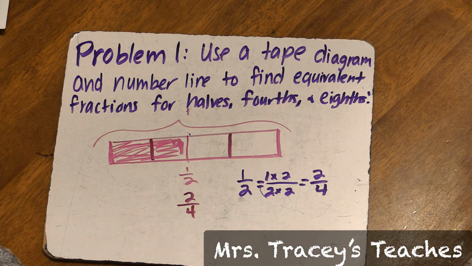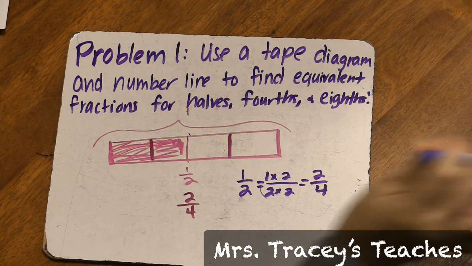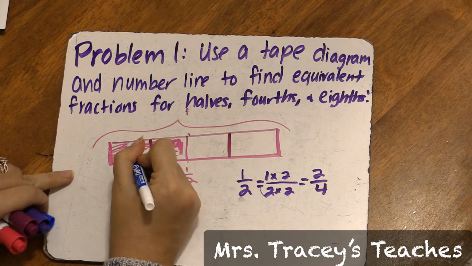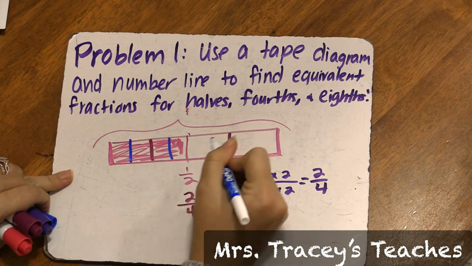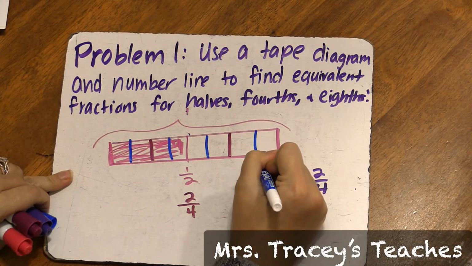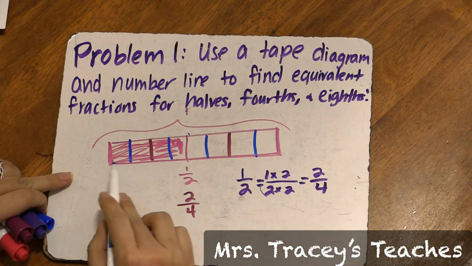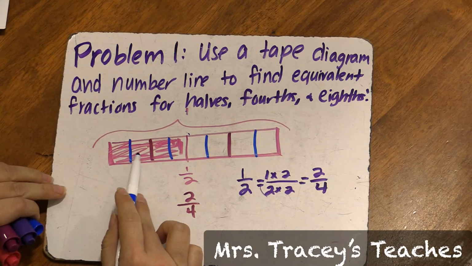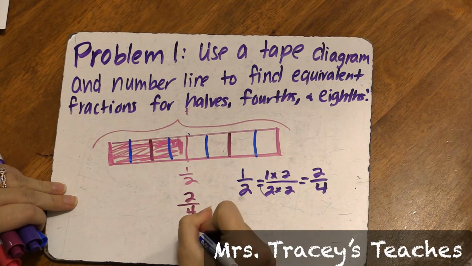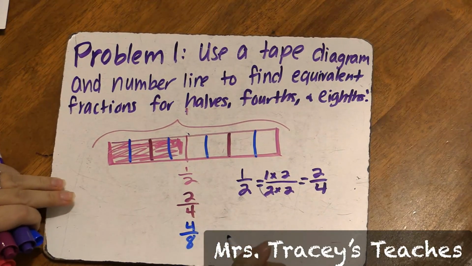Now we are going to decompose fourths to make eighths. So to make our eighths, we want to draw 4 more lines. And we have 1, 2, 3, 4, 5, 6, 7, 8. So how many are now shaded in? Good. 4 out of 8.